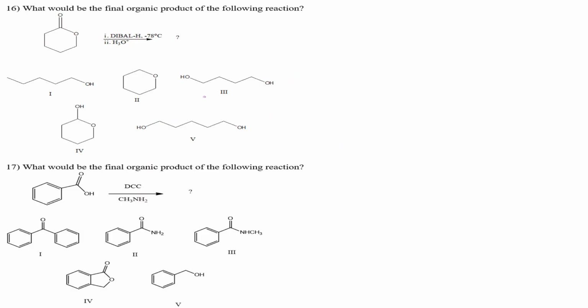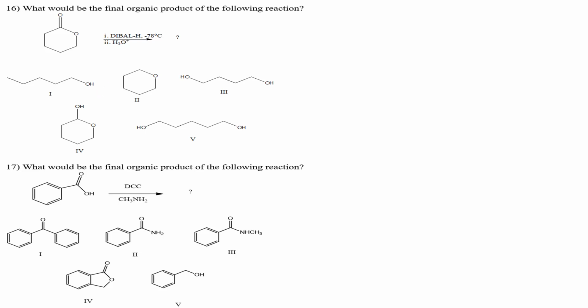So what would be the final organic product of the following reaction? Okay, so for number 16, notice that's very similar to number 7, I think it was. We are not working with pure lithium aluminum hydride. We're actually working with diisobutylaluminum hydride, or whatever it is. So it's DIBAL.